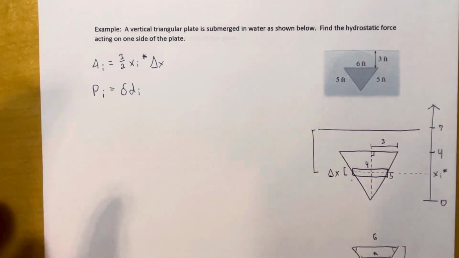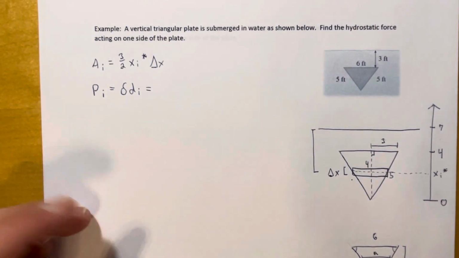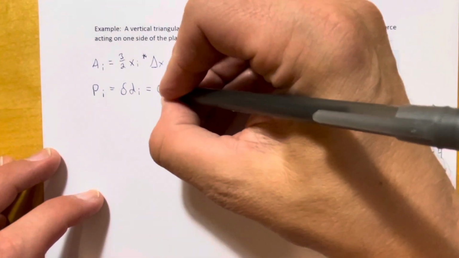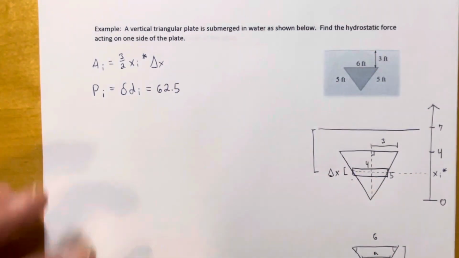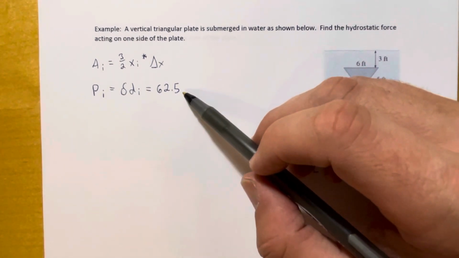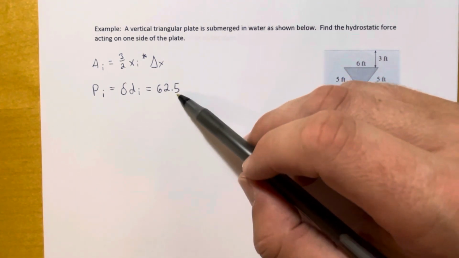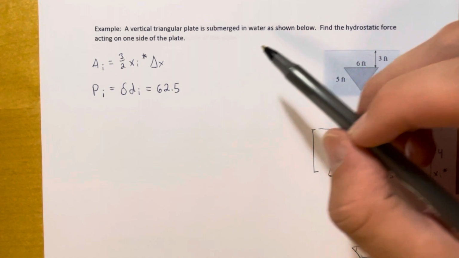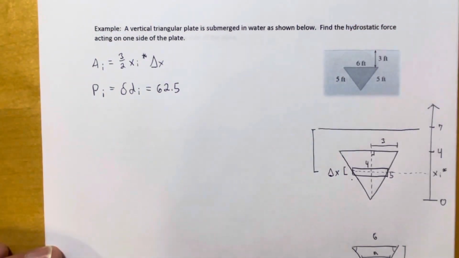Now on the previous page, we stated that because we're dealing with water, we automatically know the weight density of water. It's 62.5 pounds per cubic foot. Now remember, this is not something that we derived. This is something that I'm just telling you is the case. We've verified that experimentally in the sciences, and we're just using that fact here.